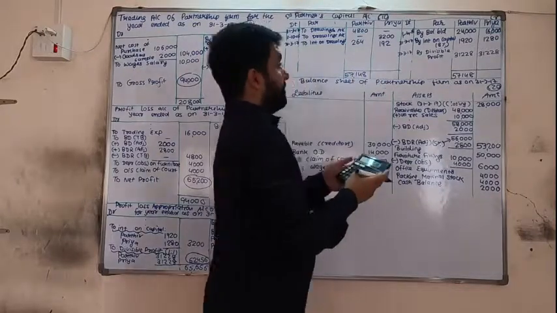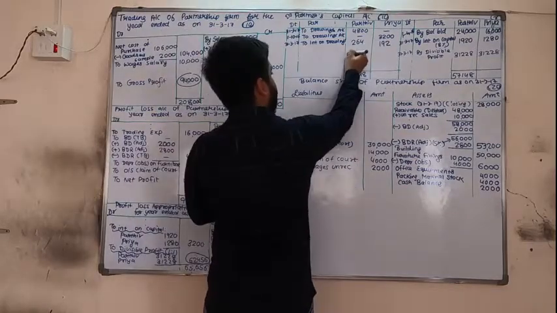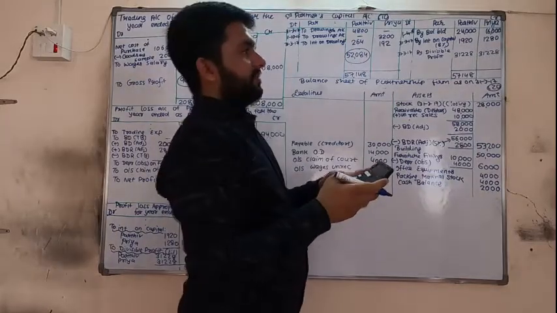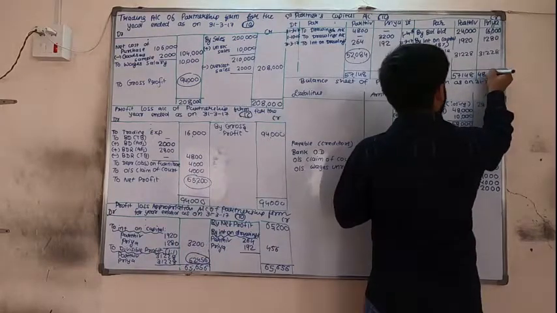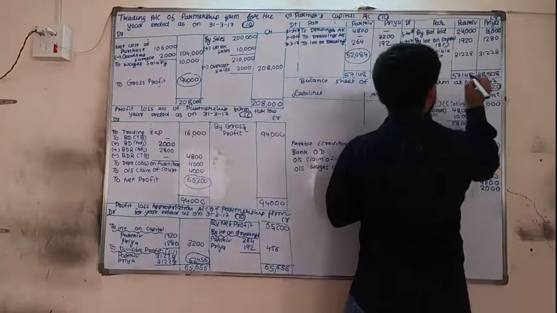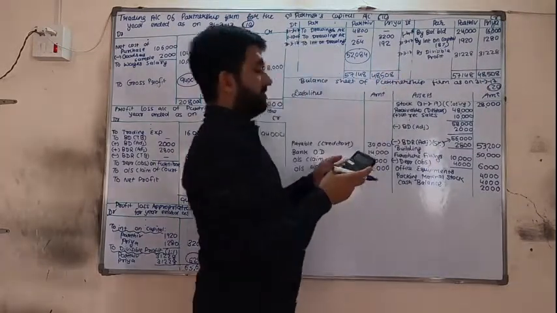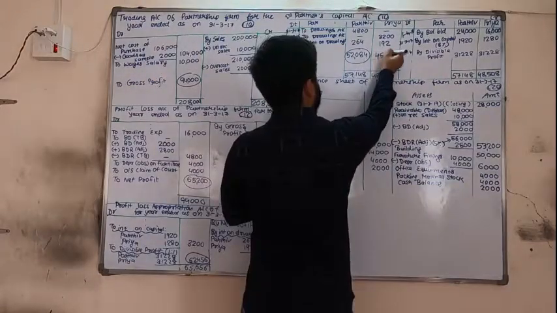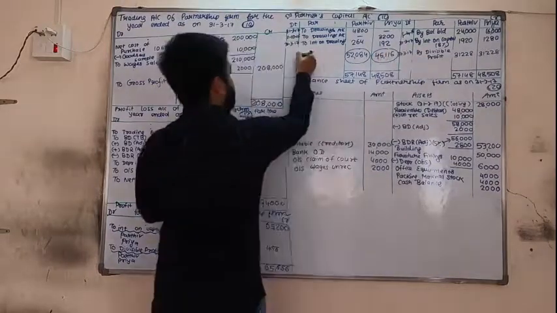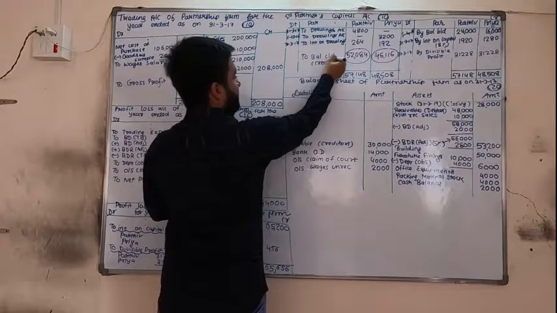57,148 minus 4,800 minus 264 is 52,084. Then 16,000, 1280, 31,228, 48,000, 508. 48,508 minus 3,200 minus 192 is 45,116. The balance carried down, as it is on the debit side, is a credit balance.